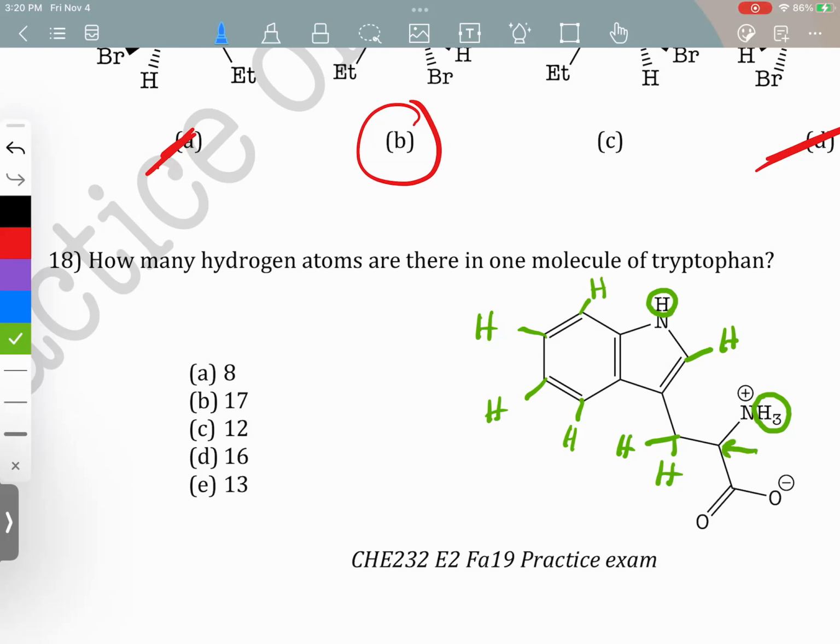What about this carbon? We only see 3 bonds, so 1 more bond has to go to a hydrogen. So one there. Now, in total, how many hydrogens are there on this molecule? 4, 5, 6, 7, 8, 12. Answer is C. There are 12 hydrogens in tryptophan.